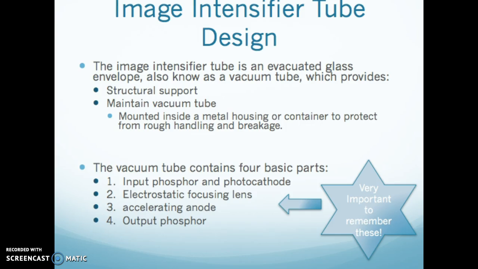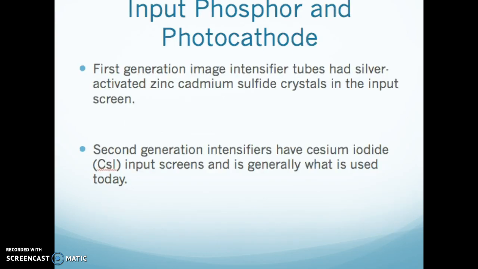The vacuum tubing contains four basic parts, and these are what we're going to be studying in this lecture. Number one is the input phosphor and the photocathode. They're two separate things, but they're stuck together, so we consider it just one item. Number two is the electrostatic focusing lenses. Three is your accelerating anode, and four is your output phosphor.